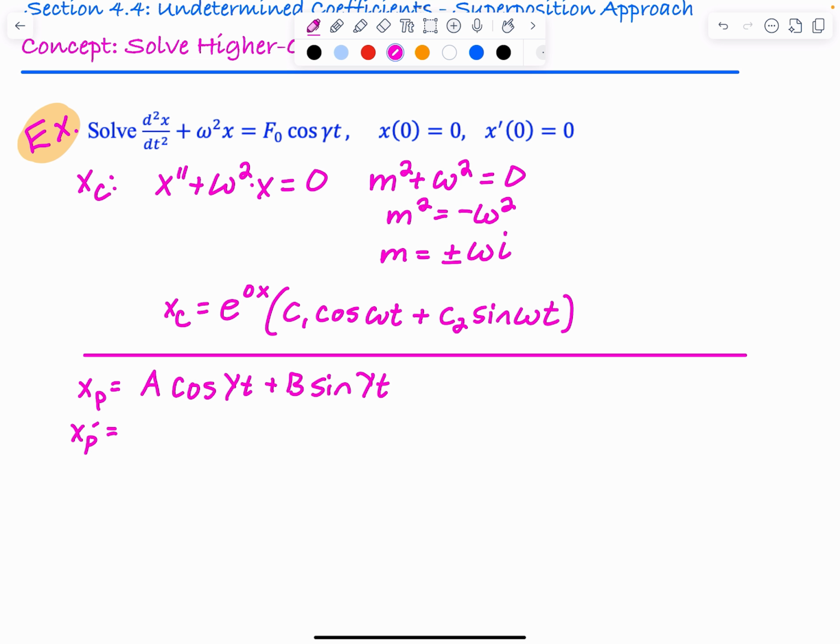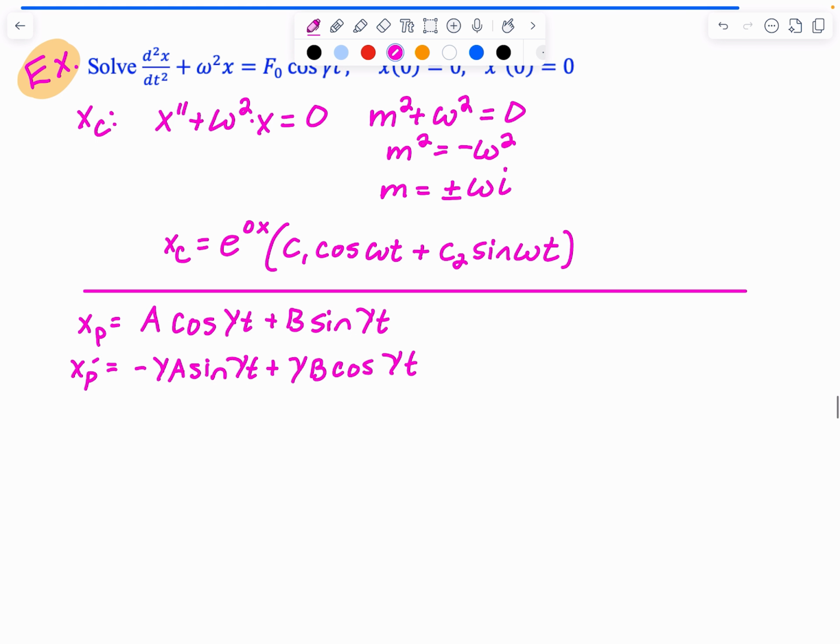X prime, because we're going to have to work our way up to x double prime, is going to be negative gamma a sine gamma t plus gamma b cosine gamma t. We've got to work up to our second derivative. So that's going to be negative gamma squared a cosine gamma t, minus gamma squared b sine of gamma t.